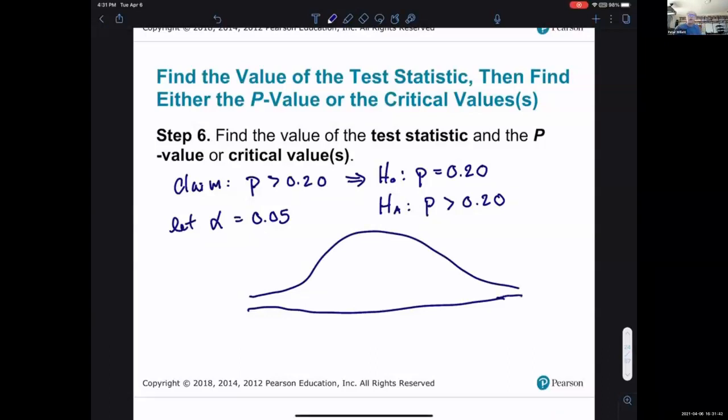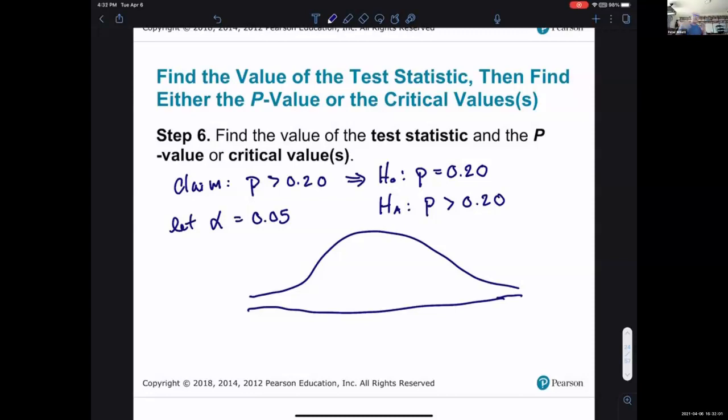What you're going to do is make a distribution based on the assumption that the null hypothesis is true.